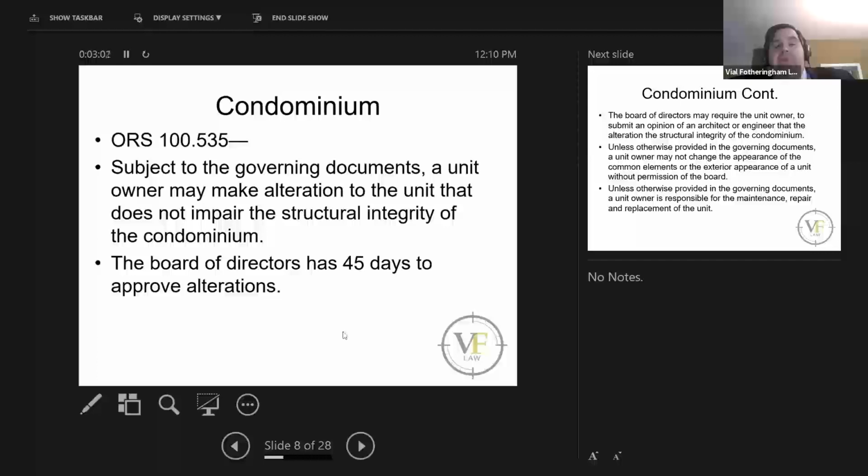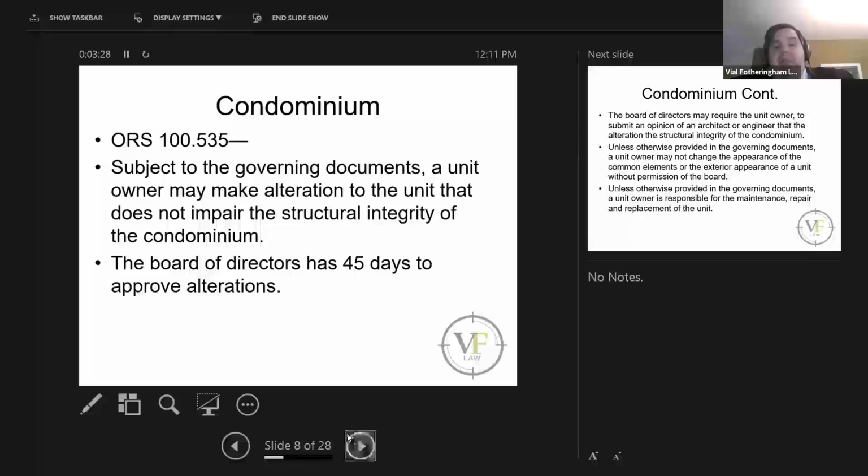And it goes on to say that if you want to make an alteration that does that, you have to get board approval. This language is often parroted in condominium governing documents. Most developer lawyers will cut and paste this language and put it in there. So that's the statutory basis for a condo.